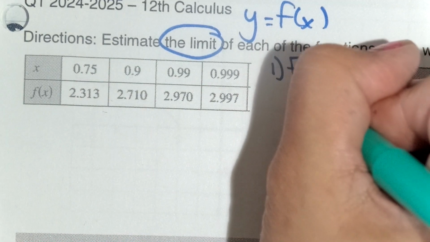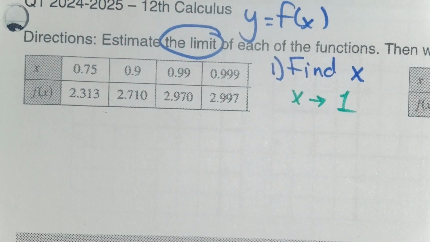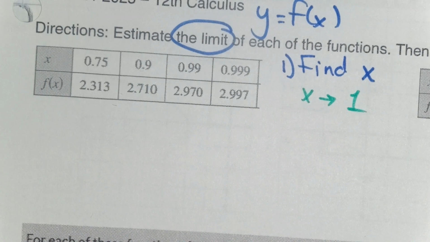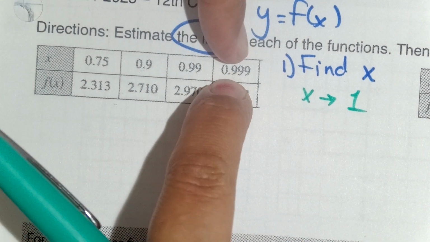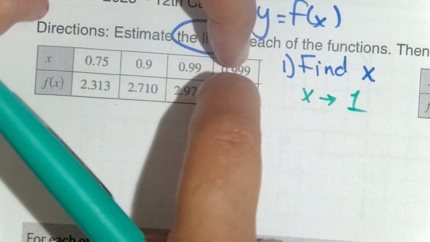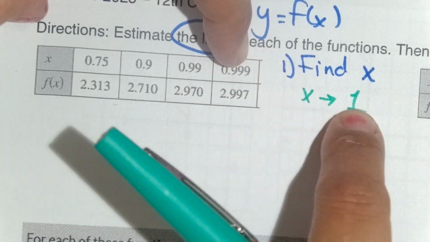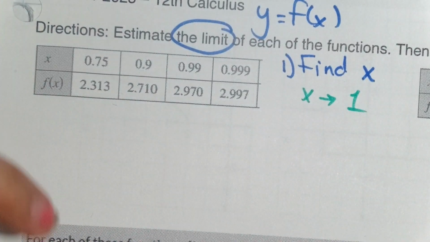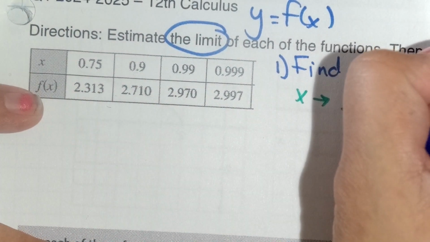Yes. X is going to be approaching 1. Because basically you're rounding, right? We're going to look at this last one. This rounds to what? It rounds to 1. So this is going to be x approaches 1. 1 is going to be what letter in my limit notation? A. Good. How do you know that?